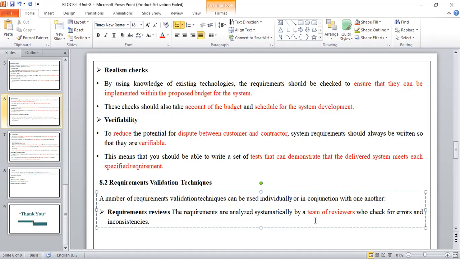If there are any errors or inconsistencies, they will be rectified before moving on to the next phase of the development.